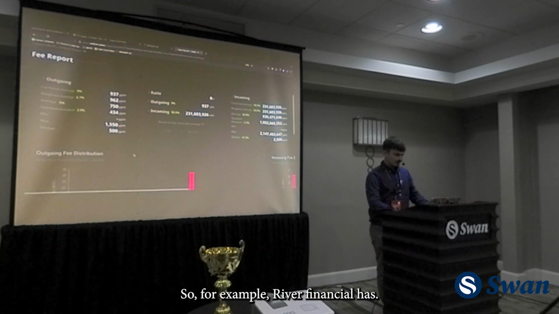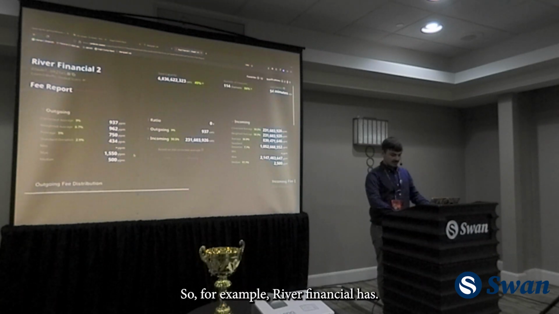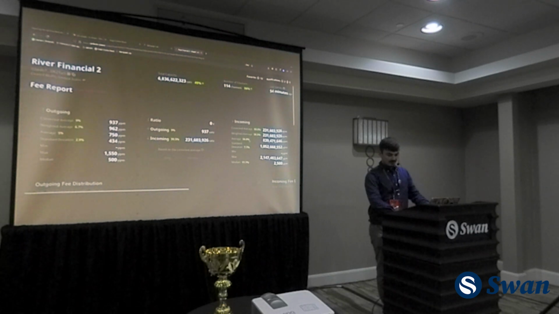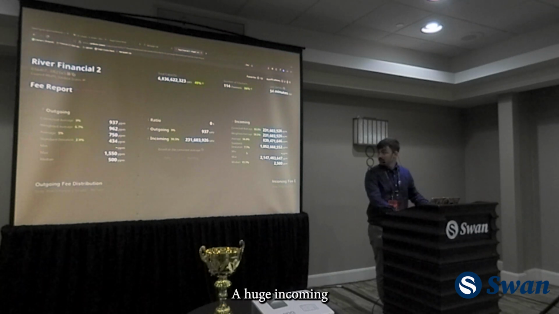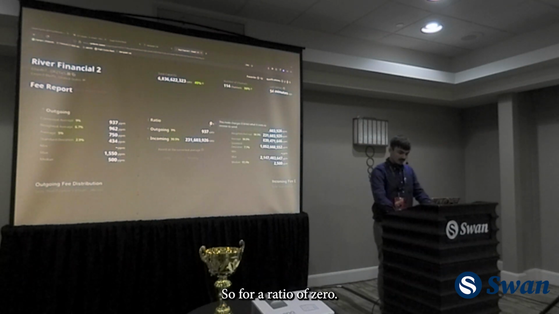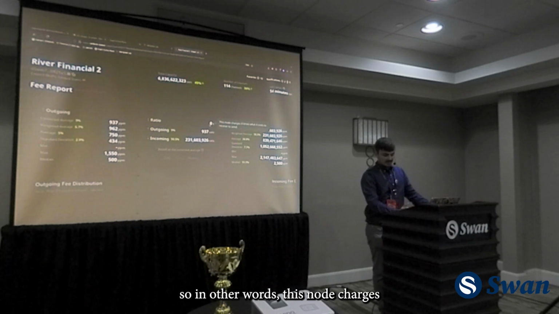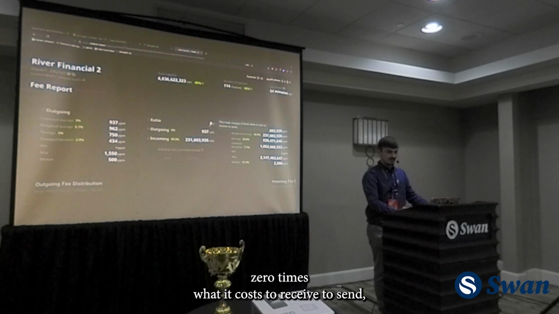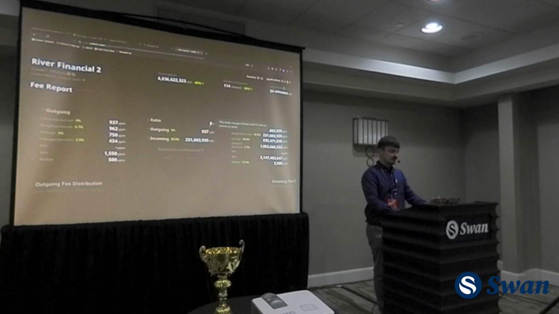So for example, River Financial has a huge incoming average fee, but a very small outgoing average fee. So for a ratio of 0, in other words, this node charges 0 times what it costs to receive to send.